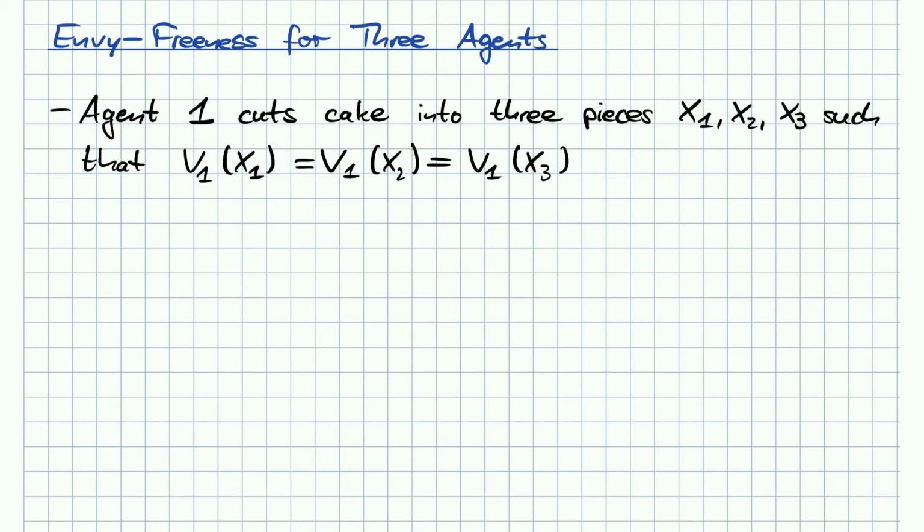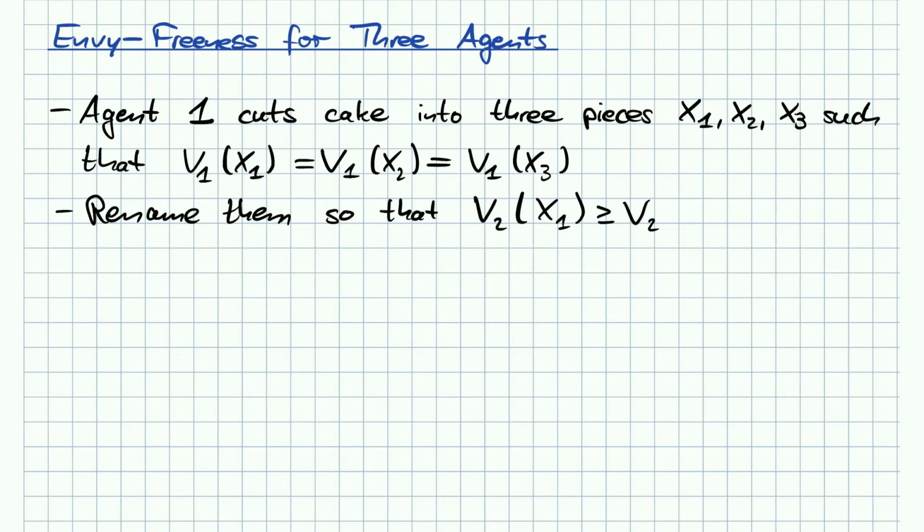Now we will rename them so that agent 2, whose values are of course a lot different, or might be a lot different, otherwise it gets only easier, actually prefers of these three the first to the second to the third.